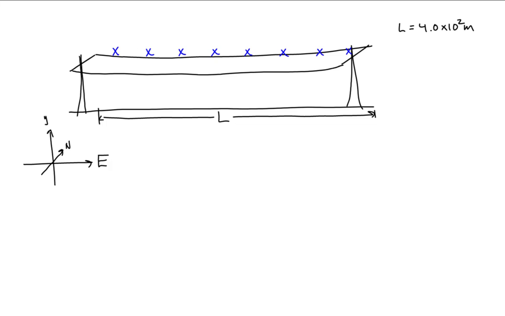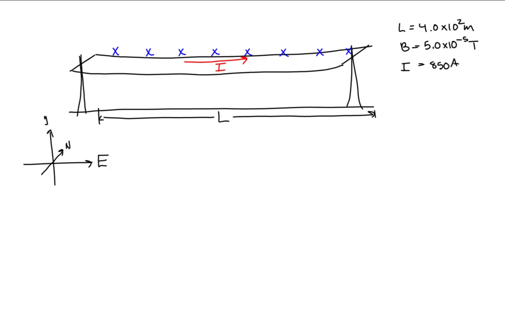And we know that the magnitude of the magnetic field is given as 5.0 times 10 to the minus fifth Tesla. Also, this wire is carrying a current I. So we will illustrate the current I going to the right, which is the eastward direction, and the current is given as 850 amps.